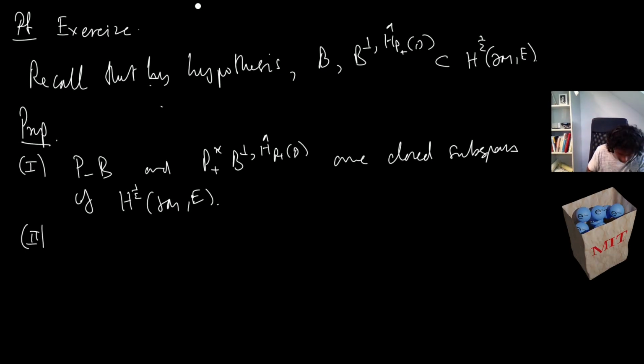The second point I want to say is that W plus minus and W plus minus star are all in H half and finite dimensional.